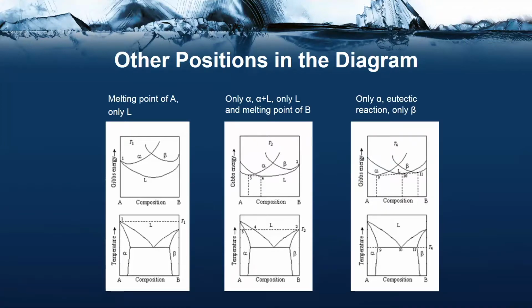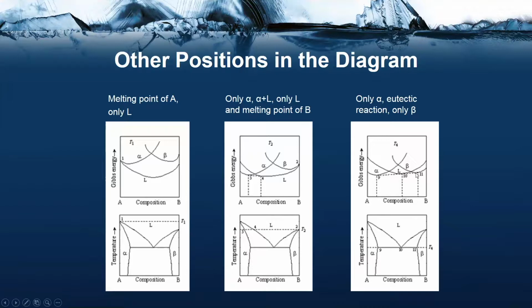The final figure here represents the temperature T4. The isotherm is shown in the phase diagram, and it is actually the eutectic three-phase isothermal reaction. And you can see how this is represented in the Gibbs free energy functions. Between 9, 10, and 11, if we draw a tangent here, we see that the tangent is actually shared by all three phases.